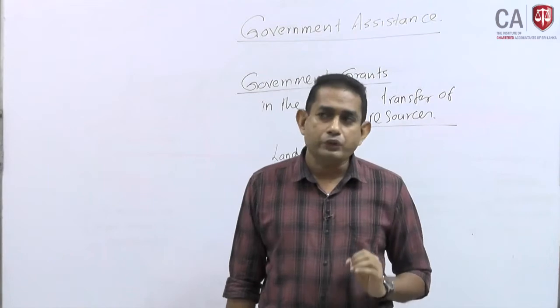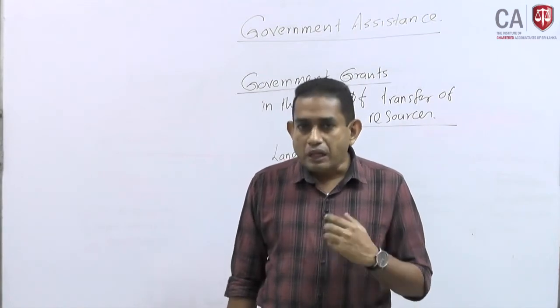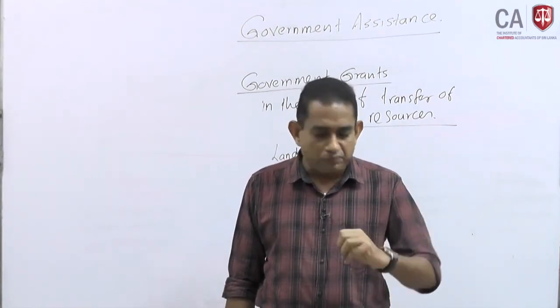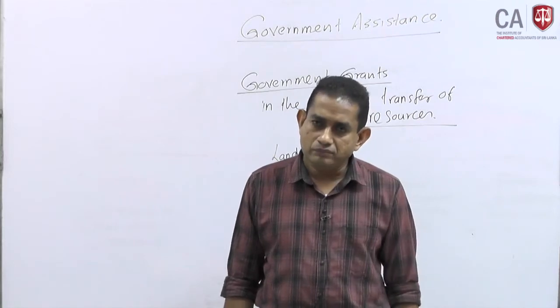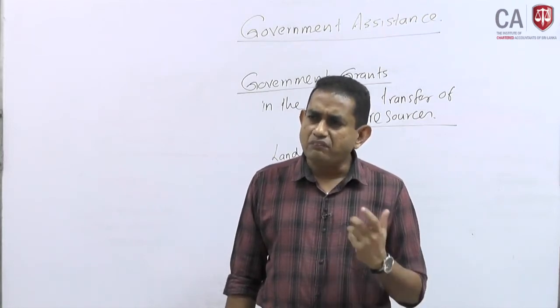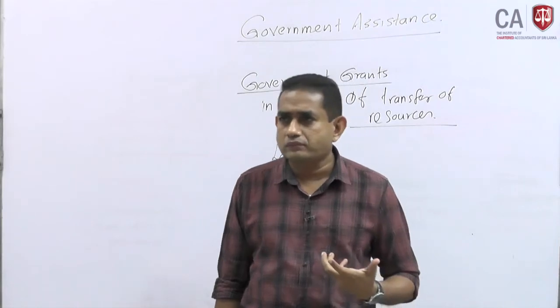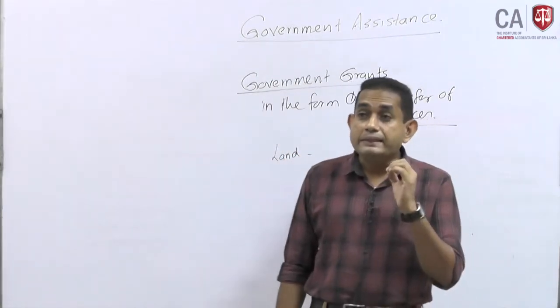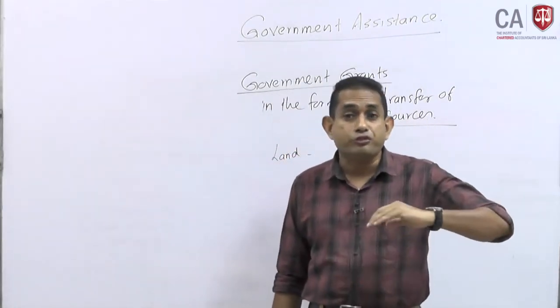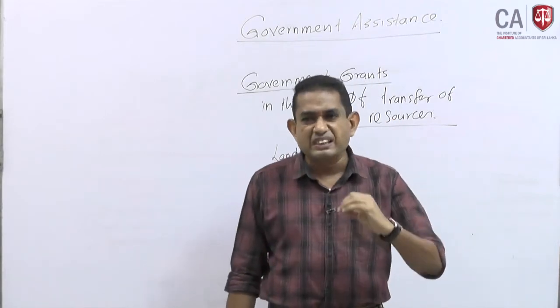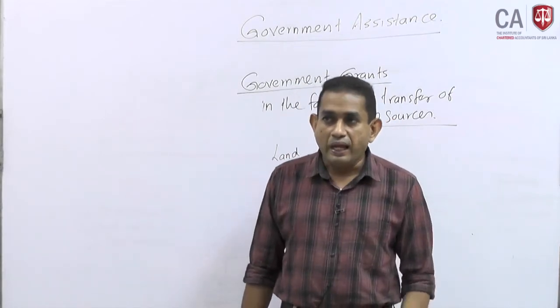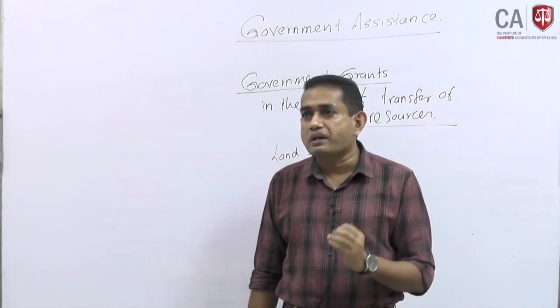The second example I took was the government providing Juki machines to an entity, and it was a government assistance, wasn't it? And is it in the form of transfer of resources? Yes, it was. And that becomes a government grant once again.